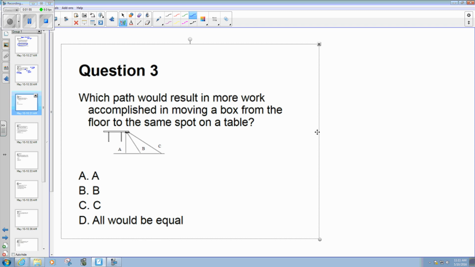This question relates to work and potential energy. It says, which path would accomplish more work? Work relates to the transfer of energy. The energy here is the change in potential energy. Potential energy depends only on height.